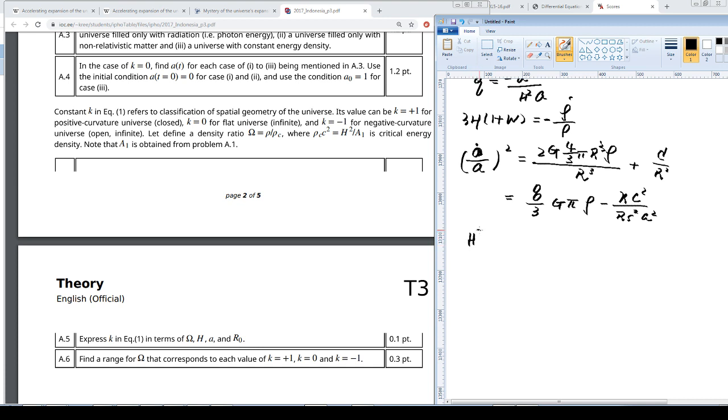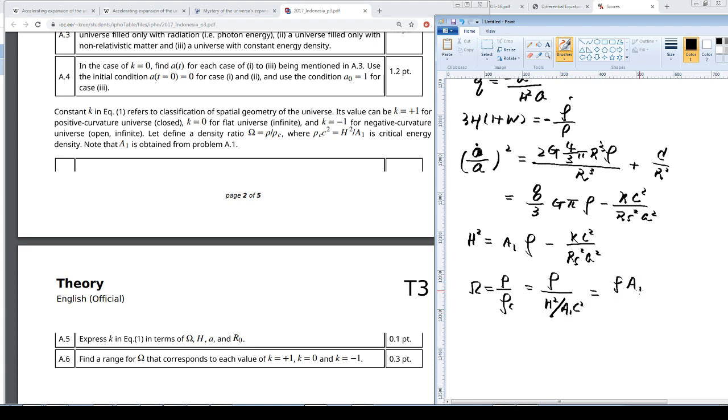So that's H squared equals a1 rho minus kc squared over a squared. Omega is rho over rho c, and rho c is H squared over a1 c squared.